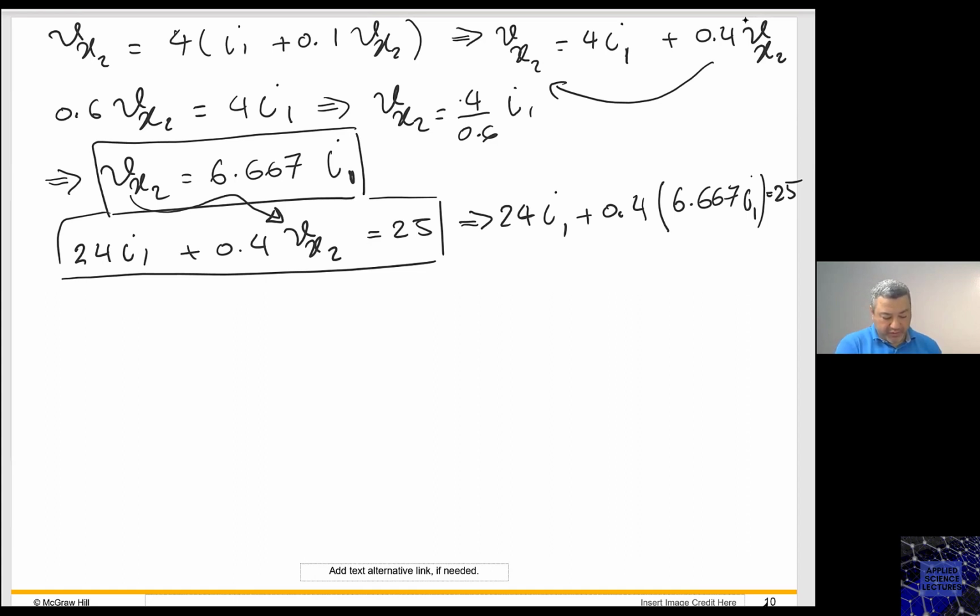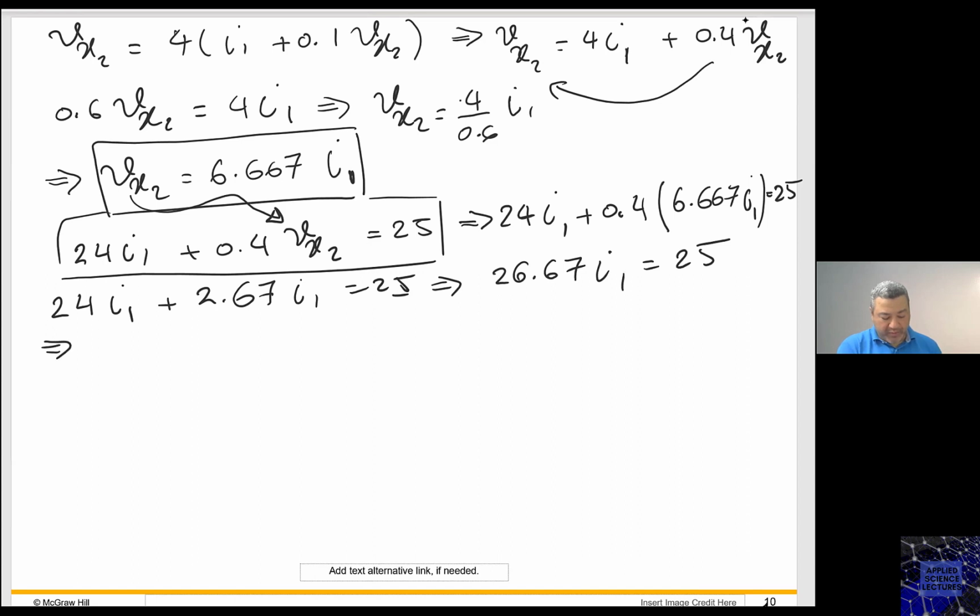So we have here 24 plus 0.4 times 6.667, which is 2.67 I1, equals 25. So 26.67 I1 equals 25.